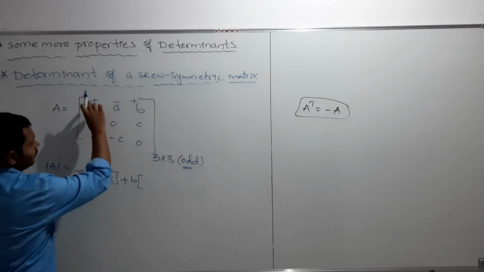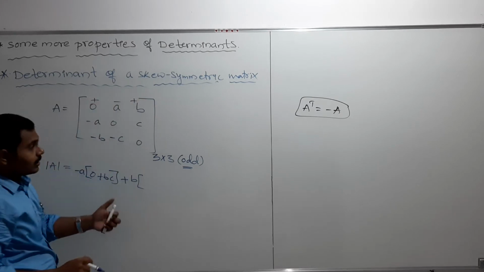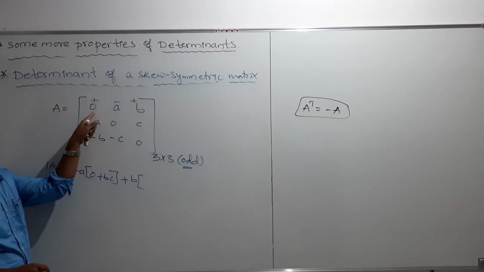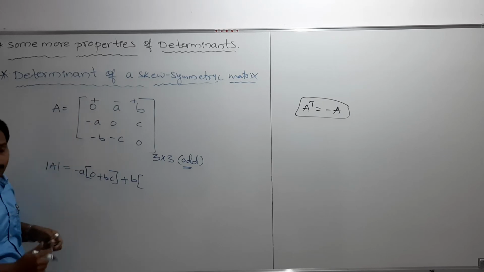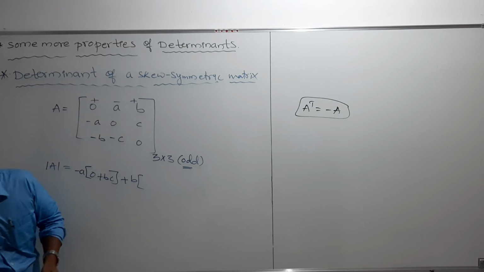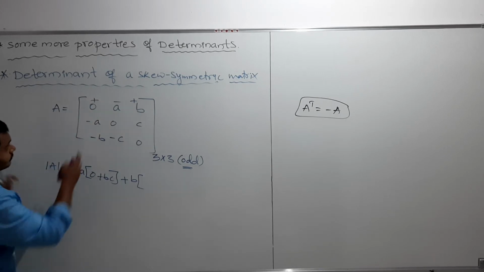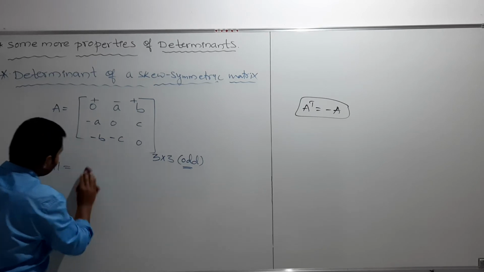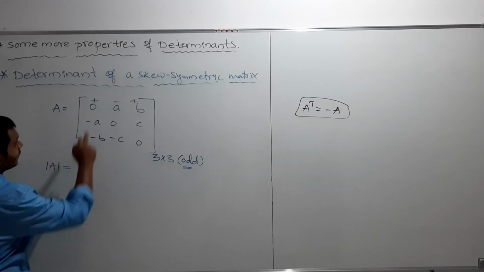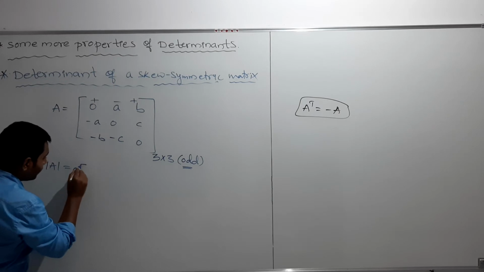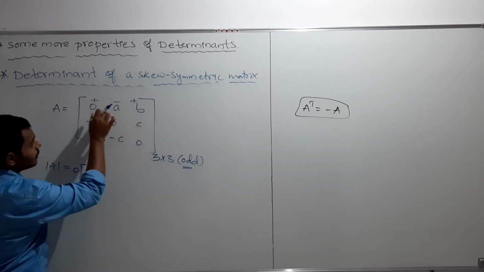Clear? If you leave this row and this column, I think you may get confused because I didn't note the 0. Therefore, to avoid the confusion, I write this 0 also, so that easily you can understand. So plus 0 into, leave this row and this column.